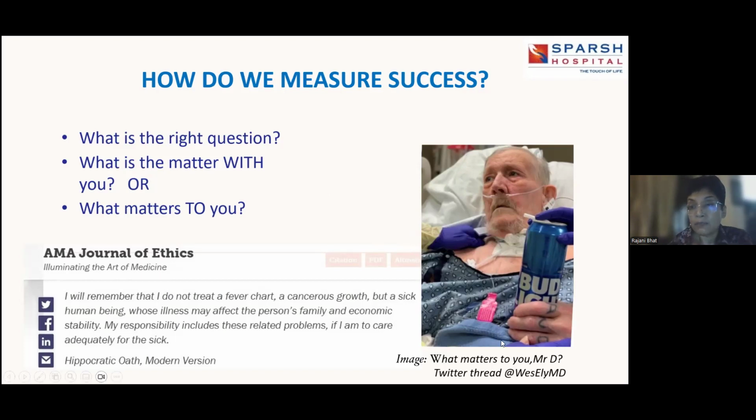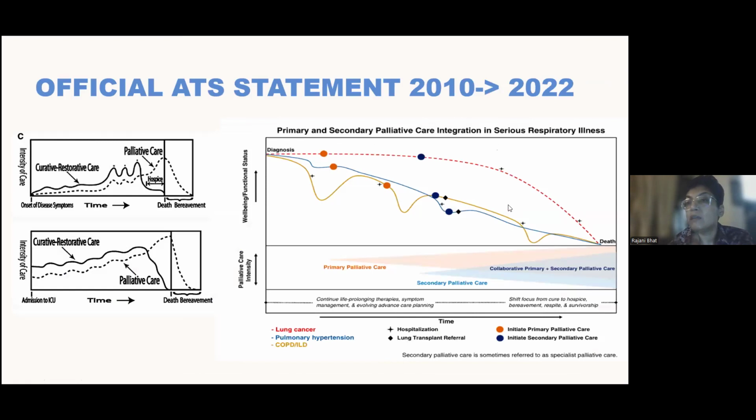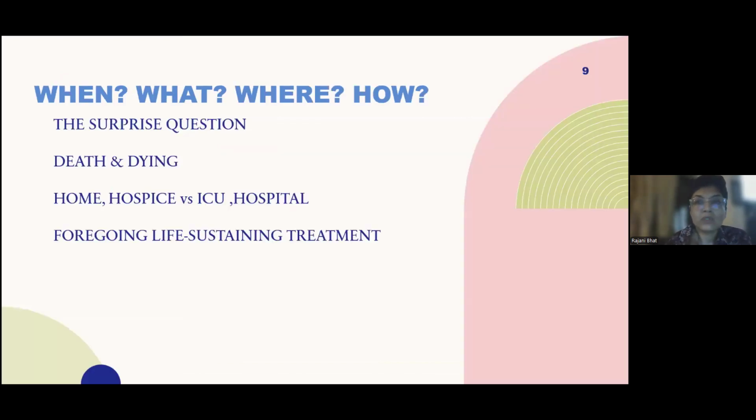He got his last beer, and slowly over the next 24 hours, his breathing slowed down and he passed away peacefully. So this is the importance of being able to have conversations, knowing the patient and being in charge of how the manner of death happens for the patient. So fundamentally, it comes down to when, what, where, and how. That is the process that we are looking at in end-of-life care.